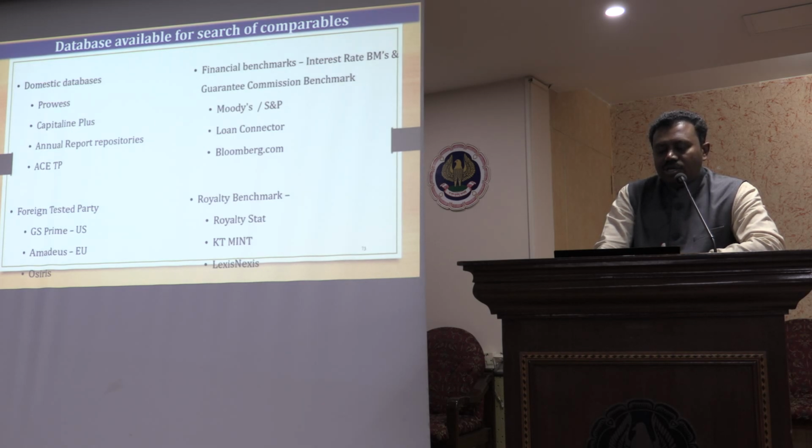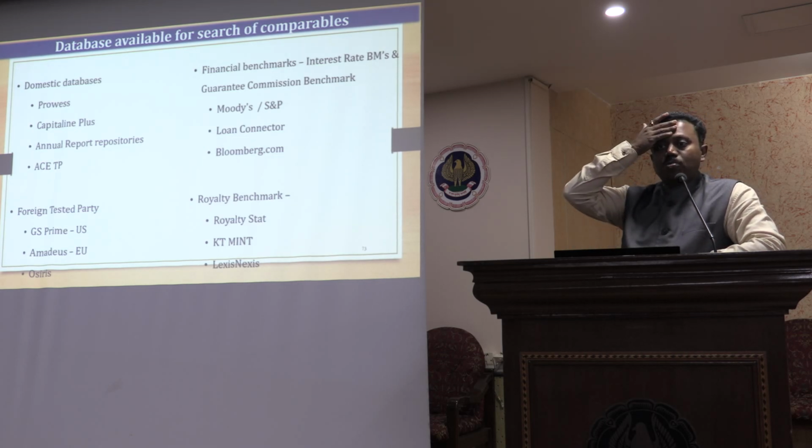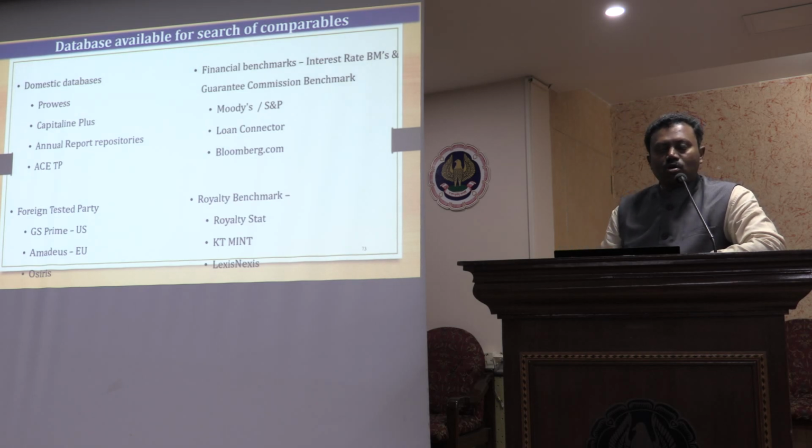Financial benchmarks, interest rate benchmarks and guarantee commission benchmarks: Moody's, S&P, Loan Connector, Bloomberg, all these can be databases. Earlier for interest we were seeing something called LIBOR, the London Interbank Offered Rate. But LIBOR is no more there. It has now become SOFR. That is the new rate that is running across the globe. Royalty benchmarks and royalty stat, KT Mint, LexisNexis, any of these databases.